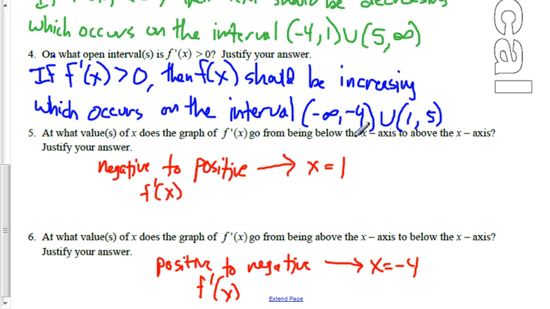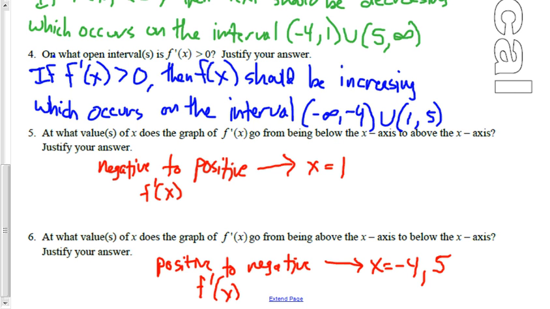And then we just said, hey, from -4 to 1, it was negative again, and that's where it went from negative to positive at 1. And then at 5, what does it do at 5? It goes from being positive and then again, it goes to being negative. So we're at positive to negative, so there's 5.